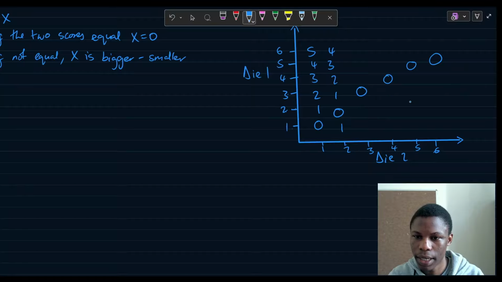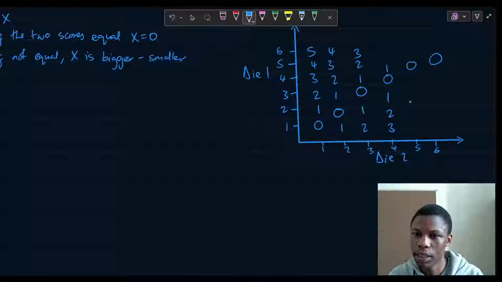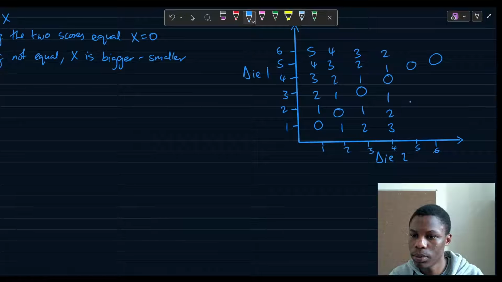up our diagram. So 3 minus 1, 2, 1, that's 1, 2, 3, and then that's 3, 2, 1, 0, 1, and 2. And then that is 5 minus 1, so 4, 3, 2, 1, 0, 1, and then 5, 4, 3, 2, 1.